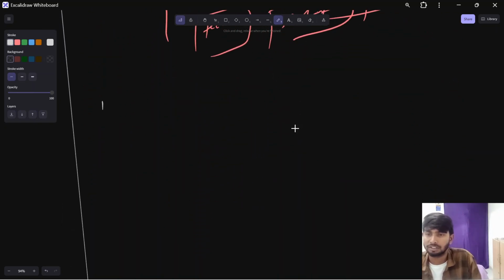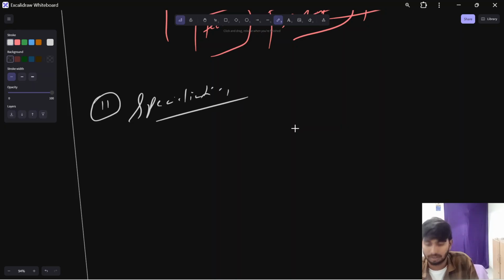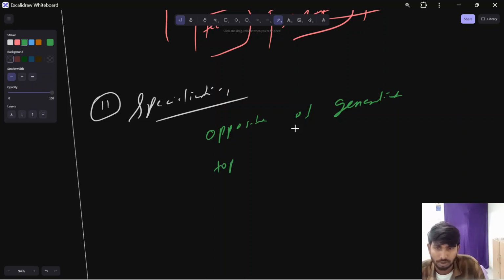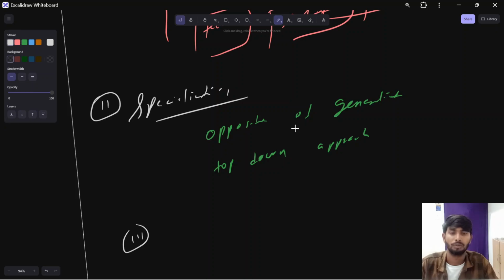Next is specialization. Specialization is just the opposite of generalization. Specialization means a person is a teacher, student, or employee. We can say it is a top-down approach. That's it.